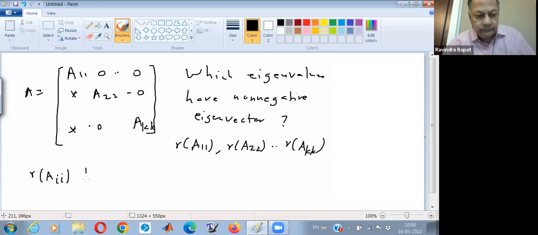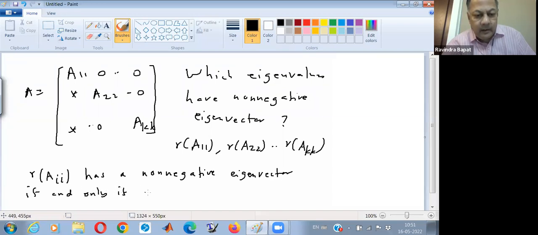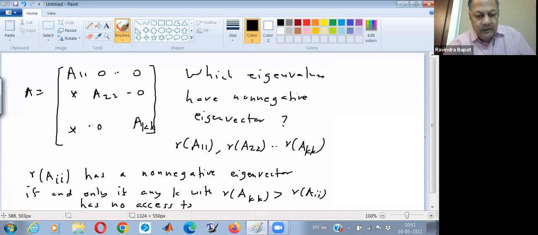So R(AII) has a non-negative eigenvector if and only if, for any k with R(AKK) greater than R(AII), any such class has no access to I. This is where I have to be a little careful, because I'm concerned about whether I should consider the lower triangular or the upper triangular.